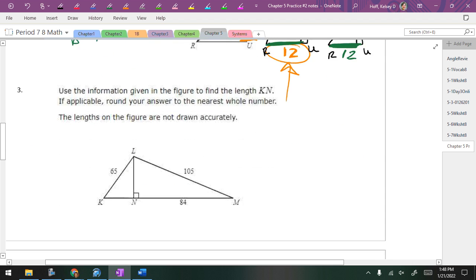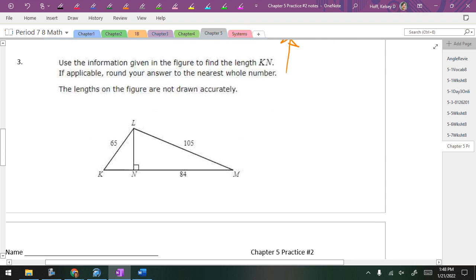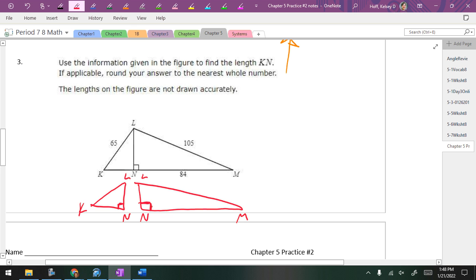So if we look at problem number 3, how many right triangles are in this? 2. You have KLN on the left, and you have LNM on the right. And they want us to figure out KN.